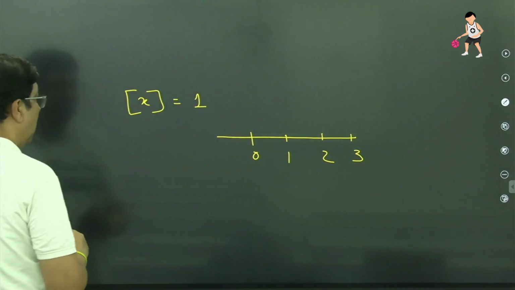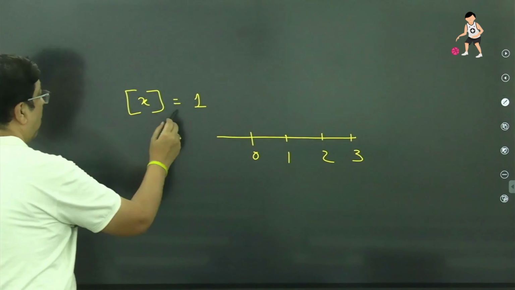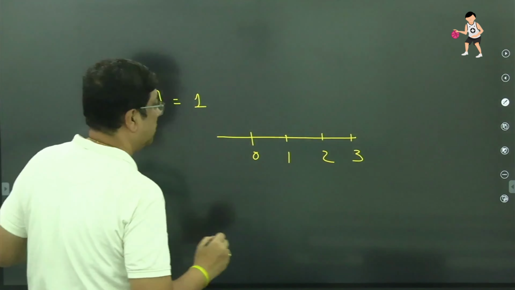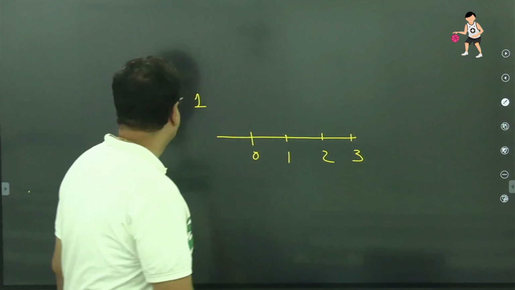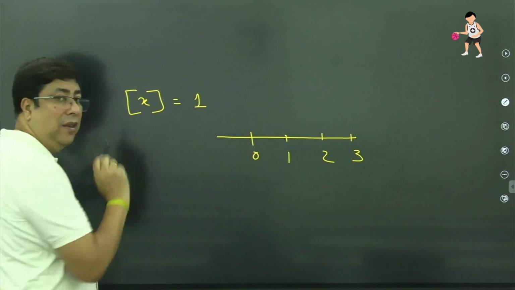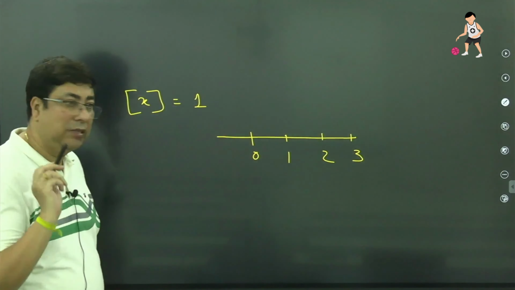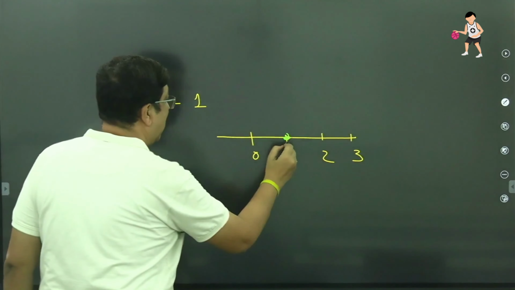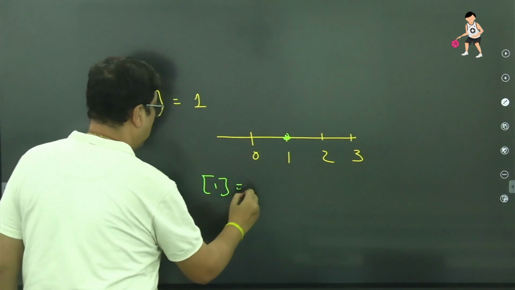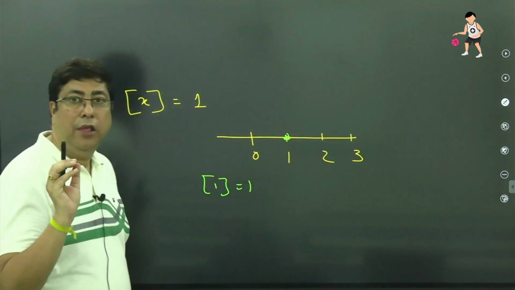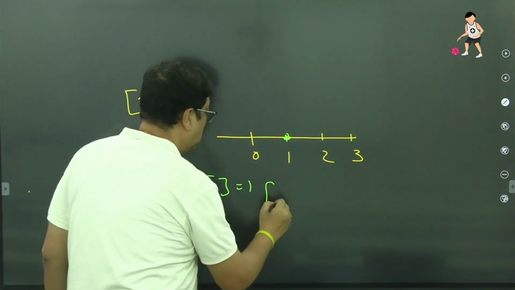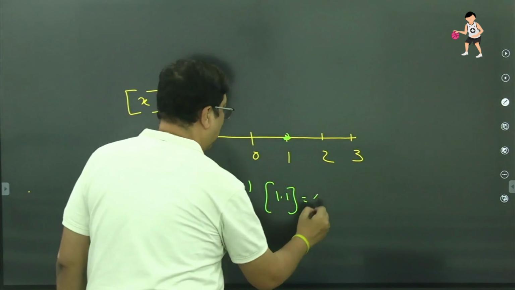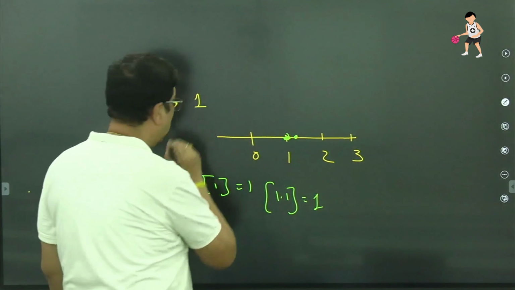Now what we'll do? Here box x equal to 1. Think like this. If x is 1, so box 1 equal to 1. If x is 1.1, box of 1.1 is 1, so it is satisfied.